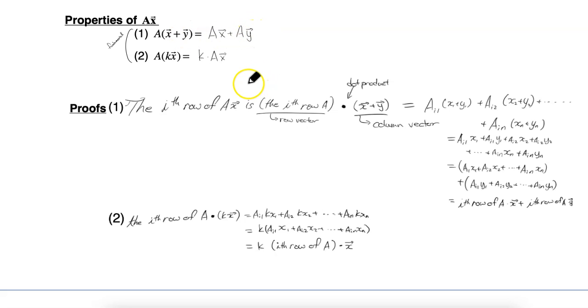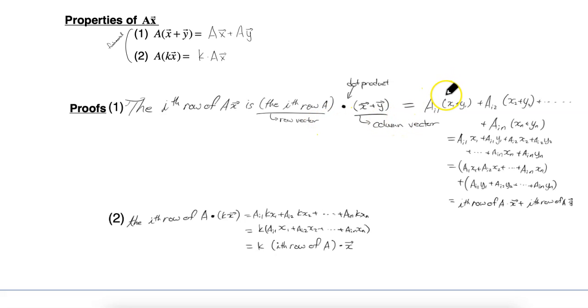The ith row of Ax, so if I look at the ith row of this product, using the note, it is the dot product of the ith row of A with the sum of x and y. So the dot product is the row and the column.